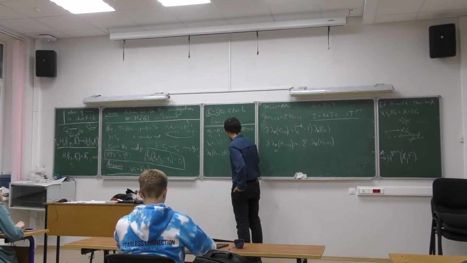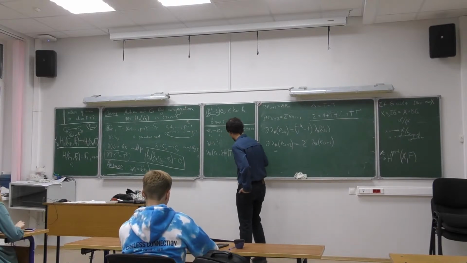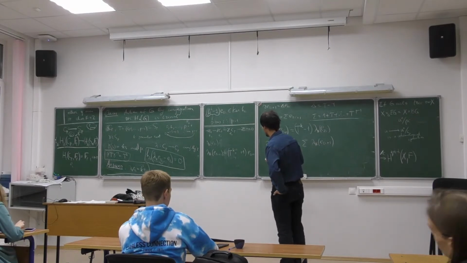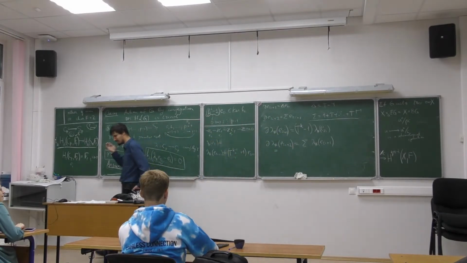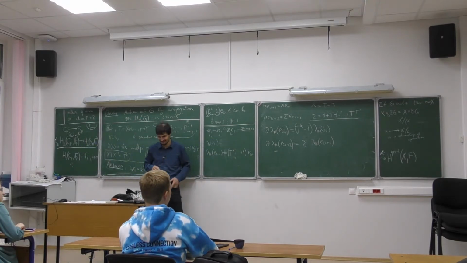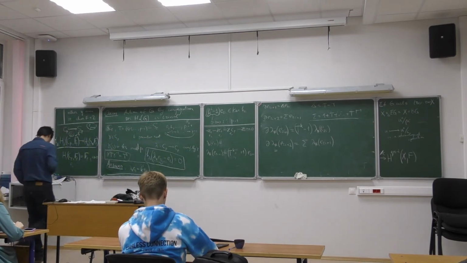So the first thing could be like that. Okay, it is not enough to have only one part. We need to have two. Then we can check whether it works or not.